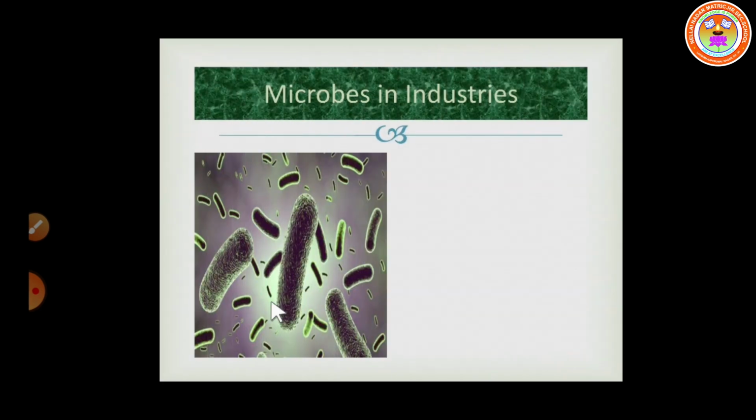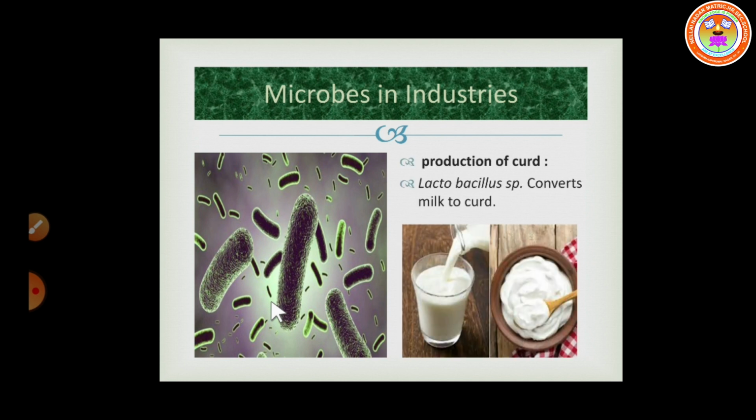Next, we are going to continue with the microbes in the production of curd. We all know the production of curd is done by a special type of bacteria called lactobacillus. So how is curd formed from milk? Milk is converted to curd by lactobacillus.